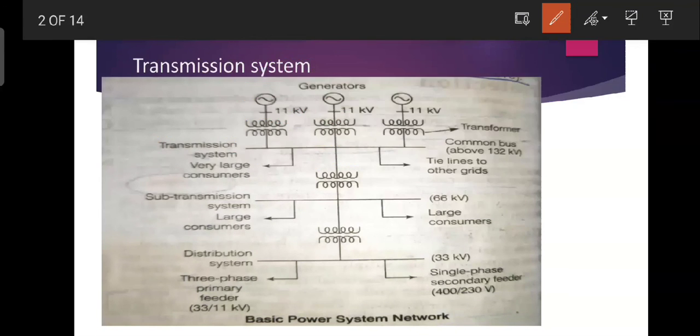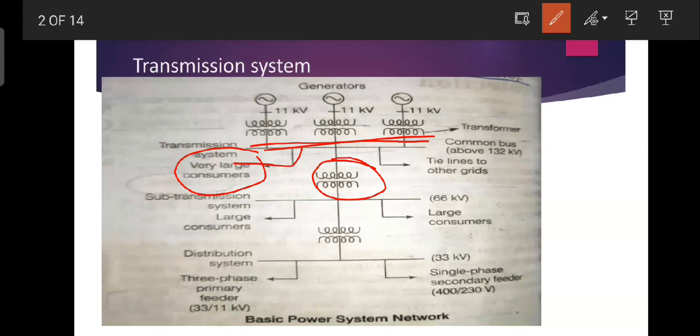Then a transformer is connected, and the busbar is also called a bus bar. A very large consumer is connected here, and this is our first transformer.